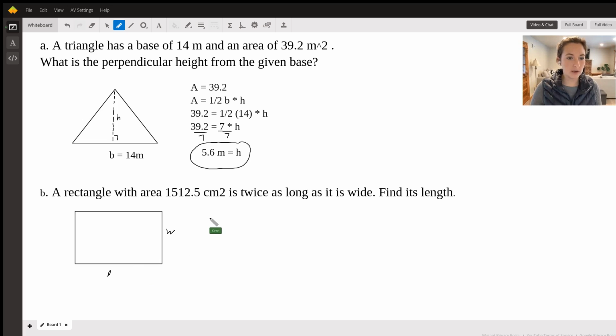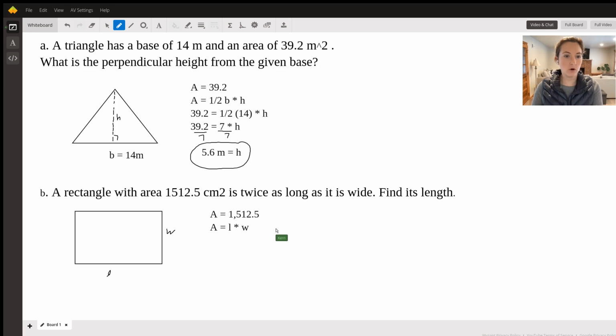I know my area. Actually, I'm going to type it in instead because it's easier to read, is 1,512.5. Again, I'm going to leave my units off until my final answer here. So I also know my area formula for a rectangle is base times height, or in this case, length times width.